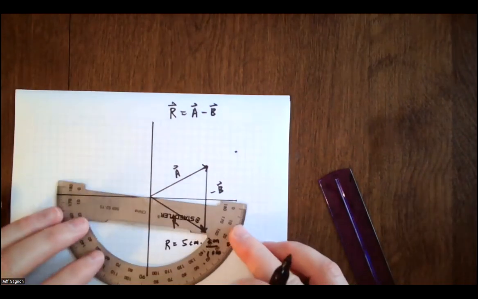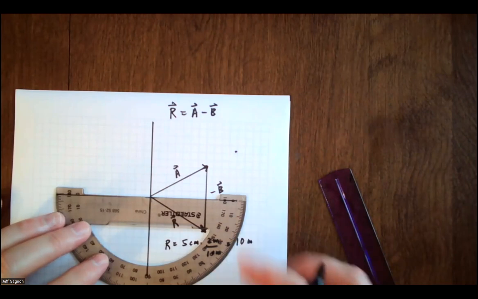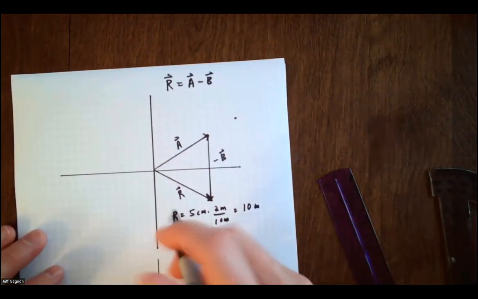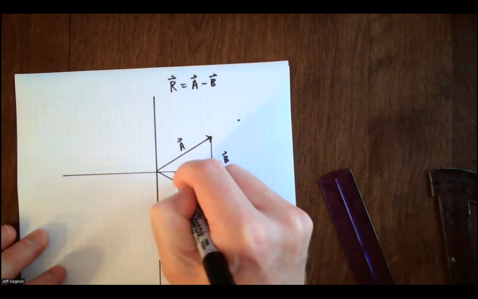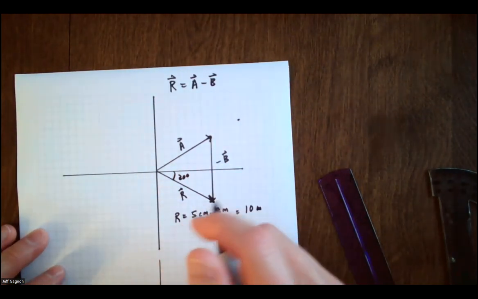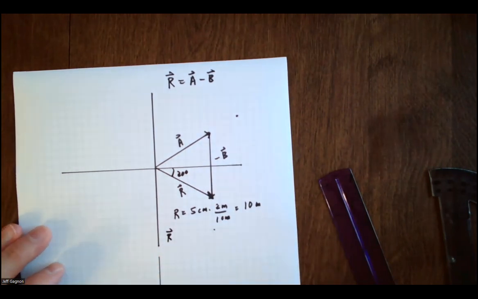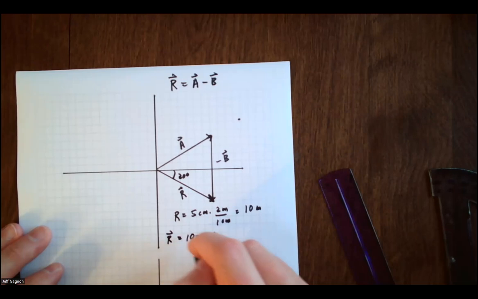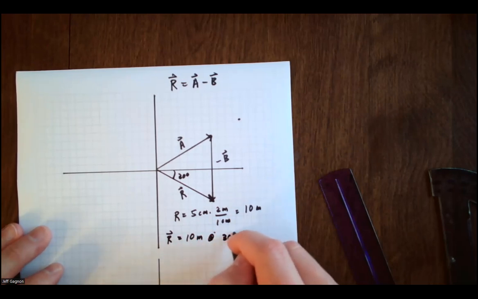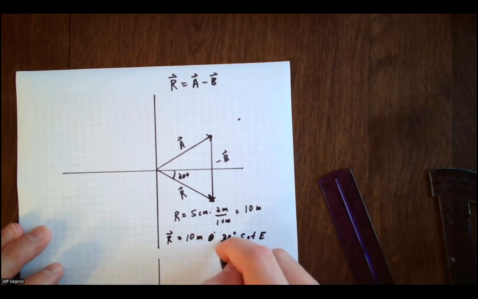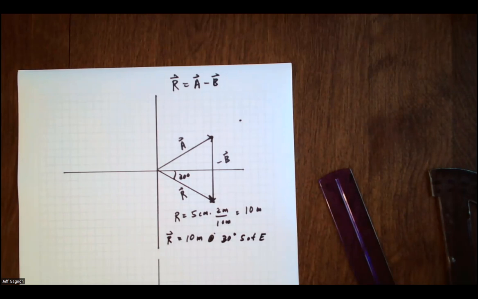And to measure this angle, it looks like it's around 30 degrees south of east. So this angle right here is 30 degrees. So then R would be 10 meters at 30 degrees south of east. Right, and again, I have to add that south of east to know that I'm in the fourth quadrant.